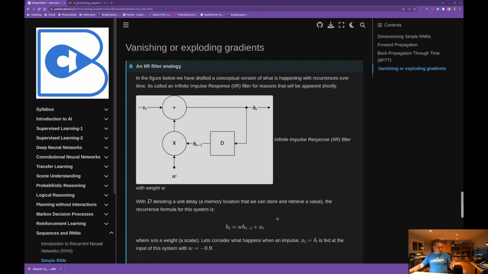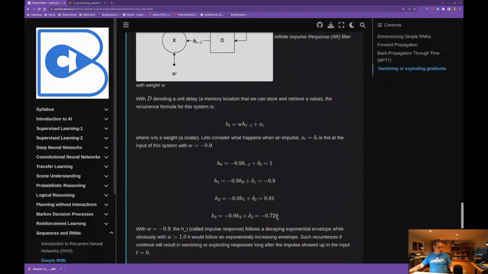And so if you just do the calculations for, let's say, the absolute value of W being less than 1, then you can see, for some impulse delta t that we send at the input, exactly how the hidden state varies over time.